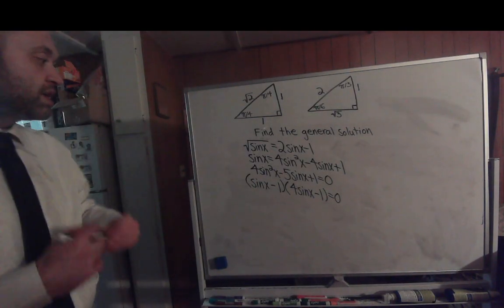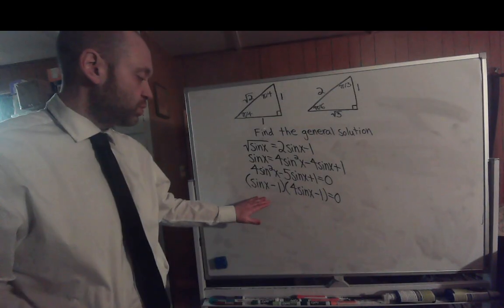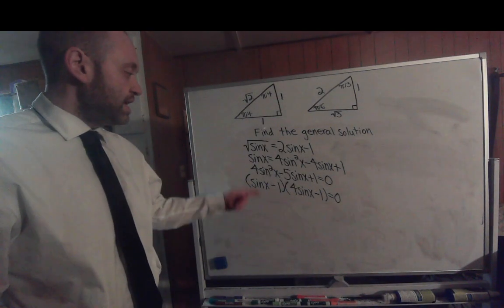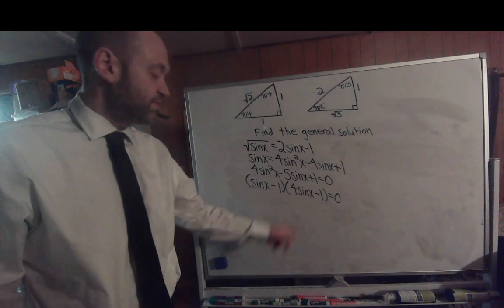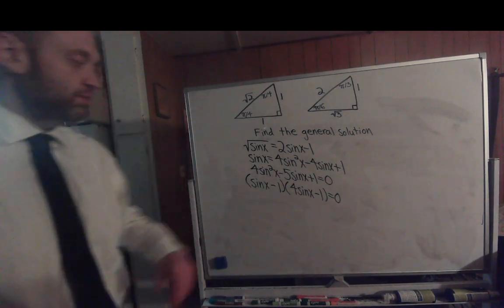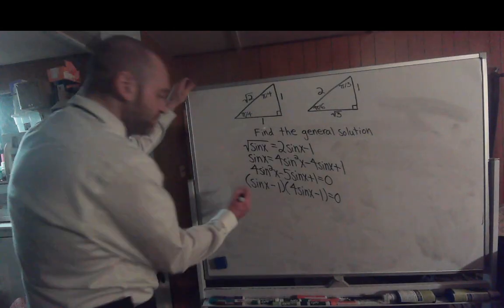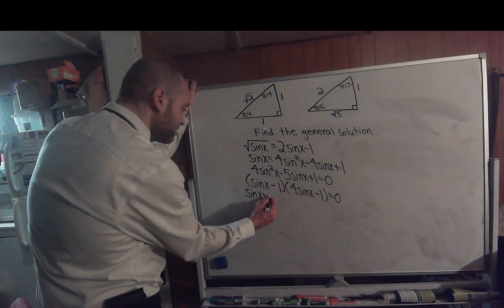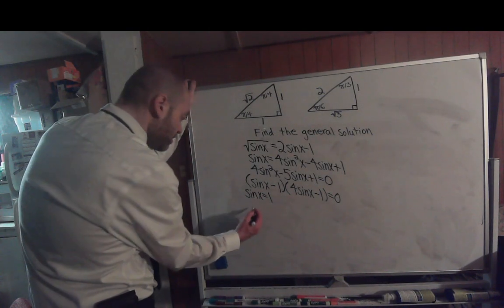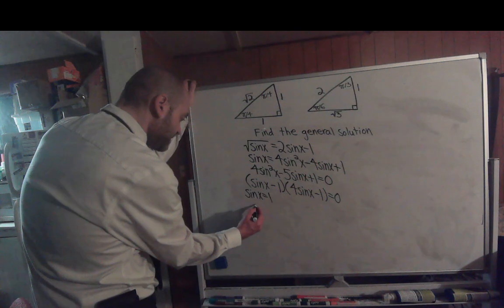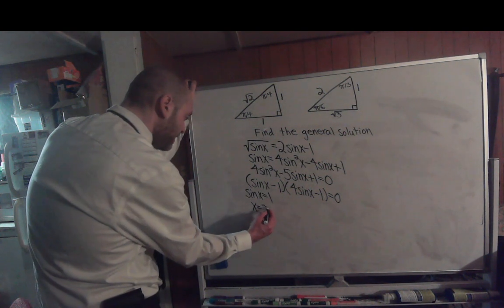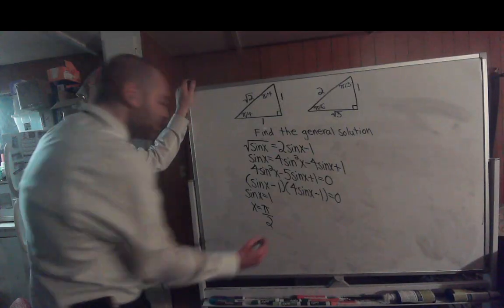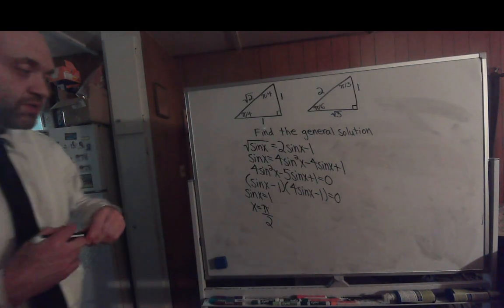So you have the quantity of sine of x minus 1 is equal to 0, and then 4 sine of x minus 1 equals 0. Well, let's start with sine of x minus 1 equals 0. That would give you the sine of x equals 1, which would in fact give you that x would equal pi over 2 to start with in the interval 0 to 2 pi.